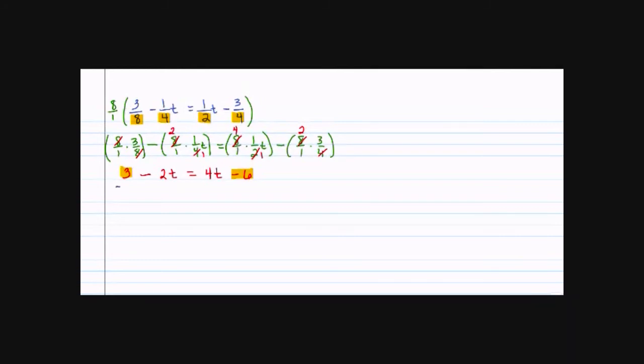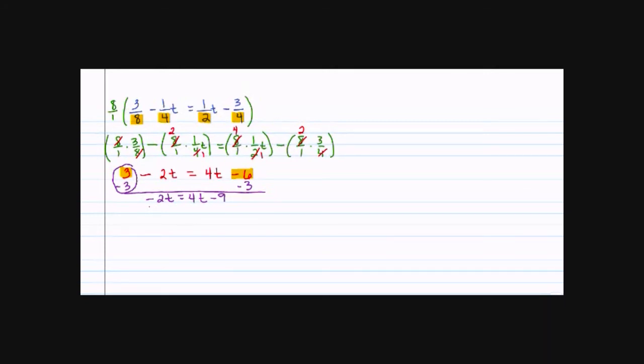I'm going to go with subtract 3. This gives me 0, so I'm going to put a big 0 around it. I have negative 2t equals 4t. Negative 6 and a negative 3 is a minus 9.